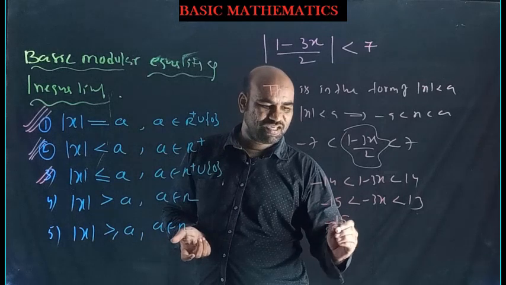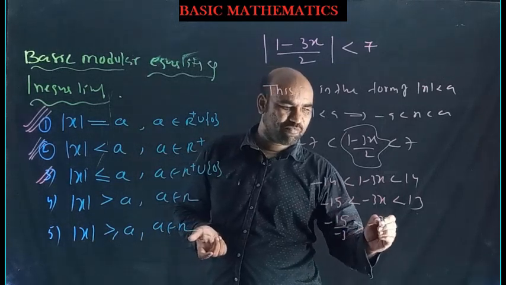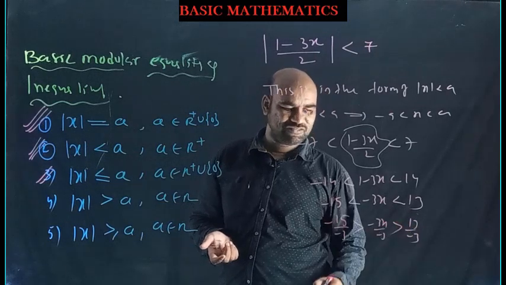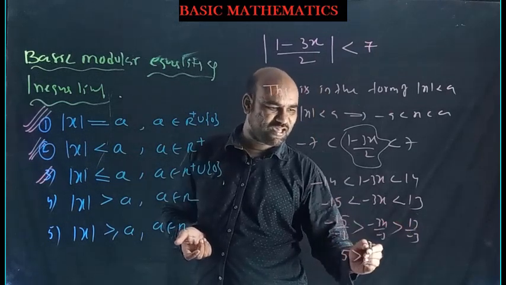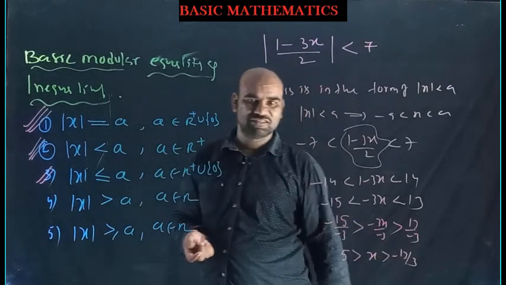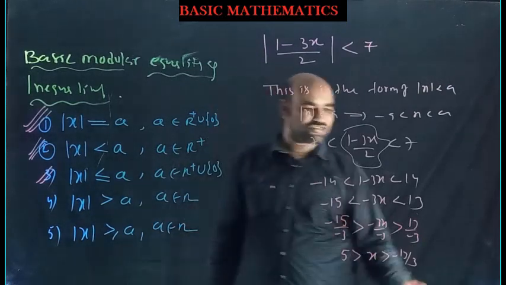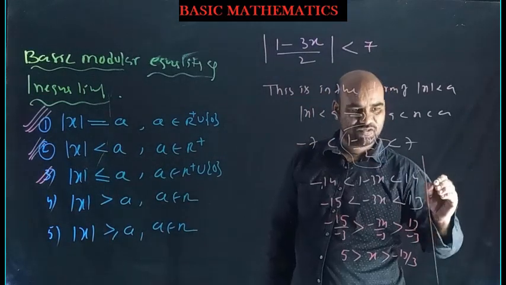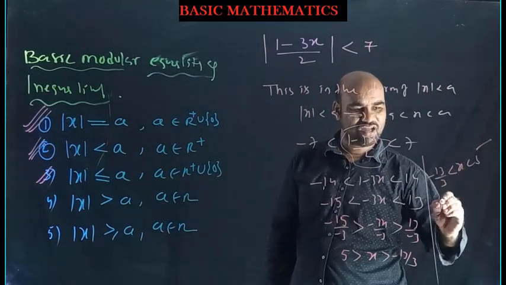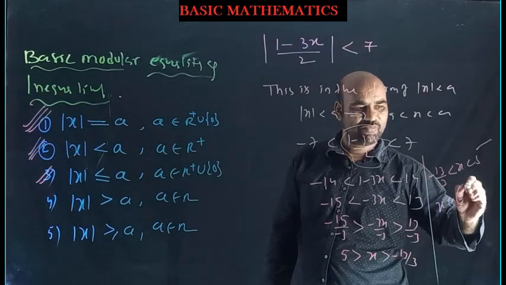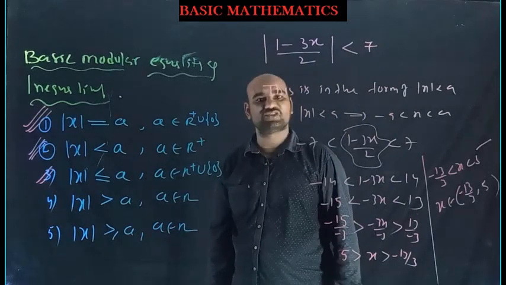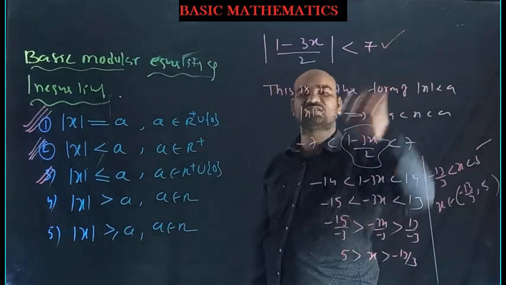Minus 15 by minus 3 greater than minus 3x by minus 3 greater than 13 by minus 3. So this is 5 greater than x greater than minus 13 by 3. In other words, you can write minus 13 by 3 less than x less than 5, or x belongs to open interval minus 13 by 3 to 5. So in this way you can solve this type of problem.